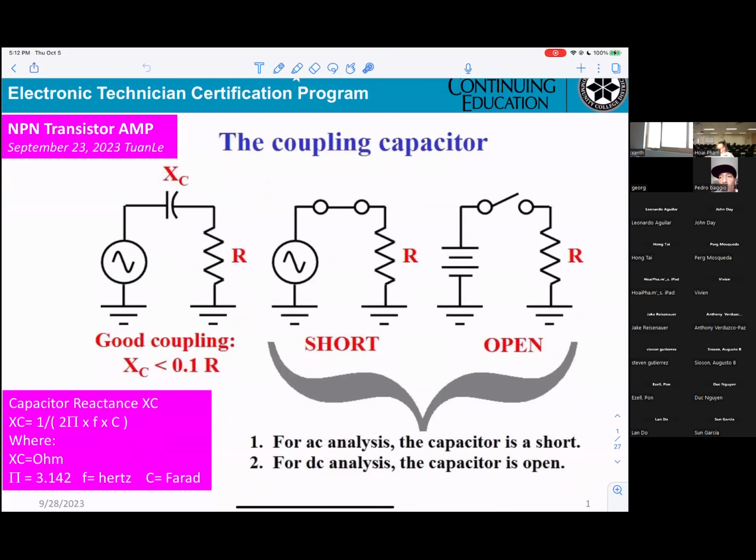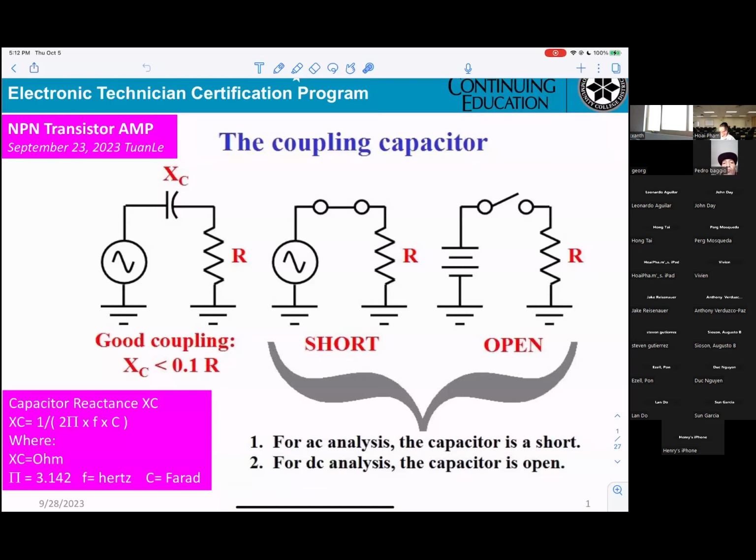Let's see what they said in here. For AC analysis, capacitor is shorted. For DC analysis, capacitor is open.